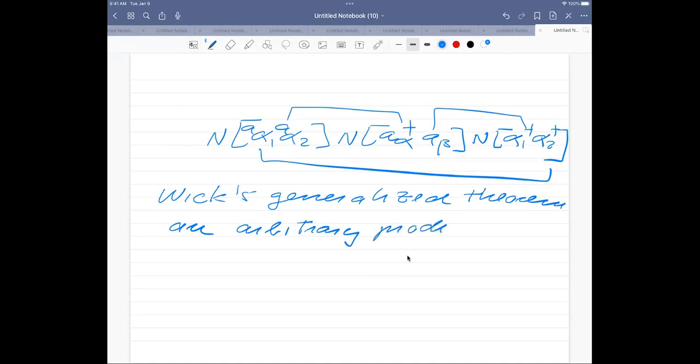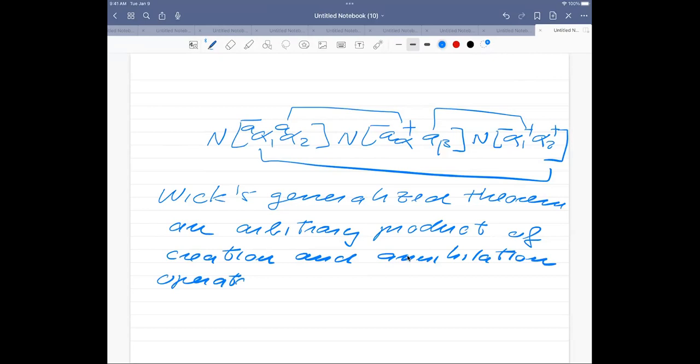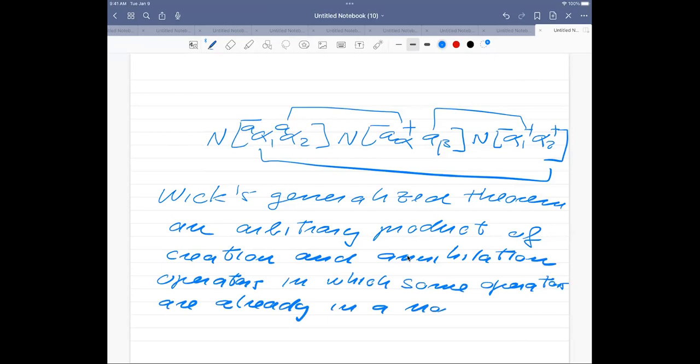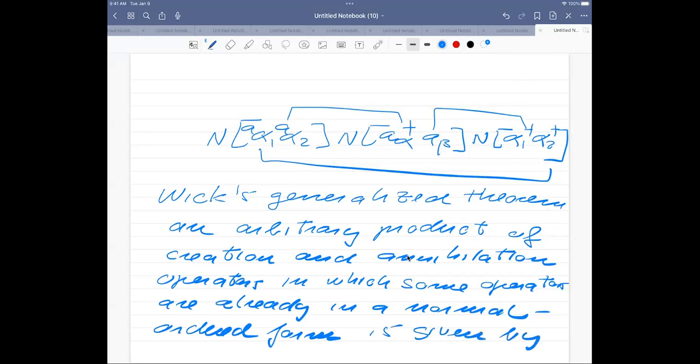An arbitrary product of creation and annihilation operators, so an arbitrary chain in which some operators are already in a normal ordered form, is then given by, so let's just write it as follows.